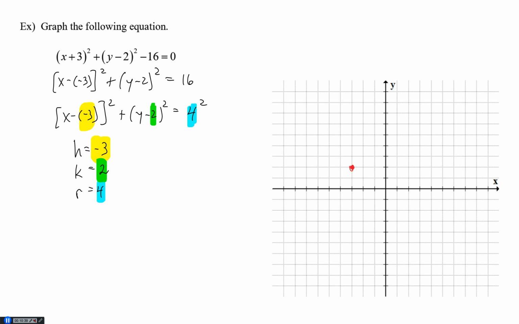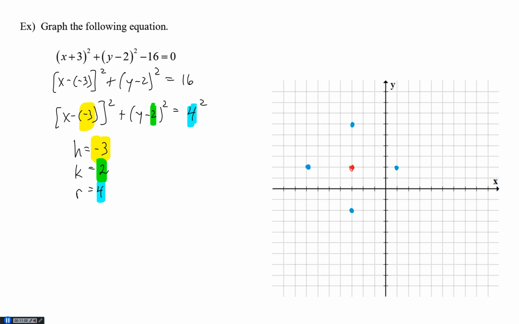The radius is 4, so I can go 4 in this direction, 4 in this direction, 4 in this direction, and 4 in this direction. Now I should be able to go 4 in any direction, but it's easiest to count up, down, left, and right, and then just kind of freehand the circle from there.